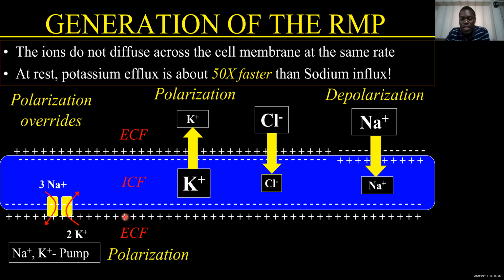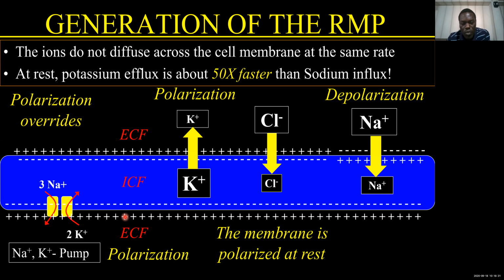I want you to remember something else. So we've said 3 things so far: that potassium efflux causes polarization, chloride influx causes polarization, and the sodium-potassium pump also causes polarization.